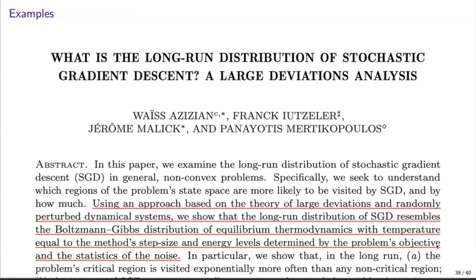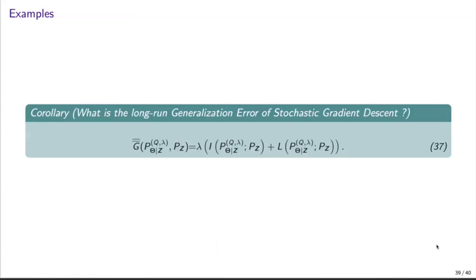Okay, so using that abstract, we can immediately create a corollary and ask, what is the long-run generalization error of stochastic gradient descent? Well, we just have to plug the long-run distribution of that algorithm into our expressions, and what we obtain is the sum of mutual information plus lautum information times the step size of the algorithm that we are using.